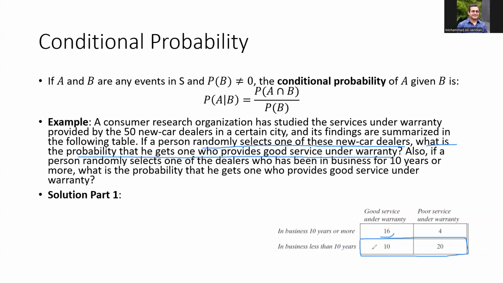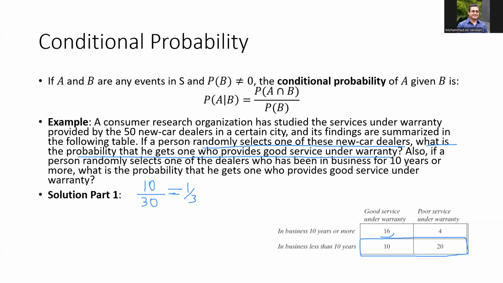So what's the probability that someone gets one who provides good service? The number of dealers in the new dealers is 10 plus 20, which is 30. So that's the sample space. And only 10 of them have good service based on reviews. So the chance to get good service from new dealers is 1/3.